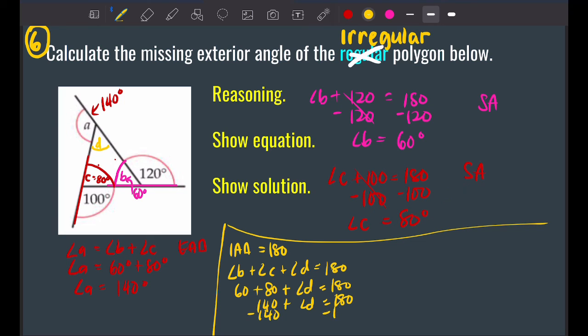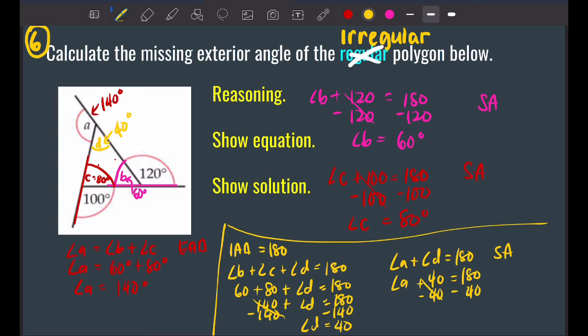Minus 140 on both sides, angle D is 40 degrees. Then angle A plus angle D is equal to 180 because they are supplementary angles. Angle A plus 40 is 180, minus 40 on both sides, angle A is equal to 140. As you can see, both ways you ended up with the same answer.